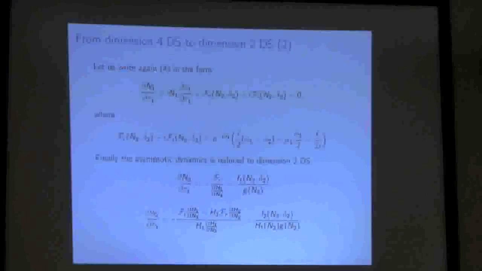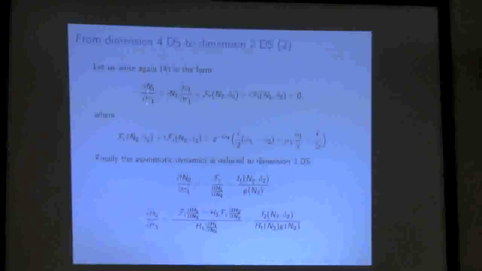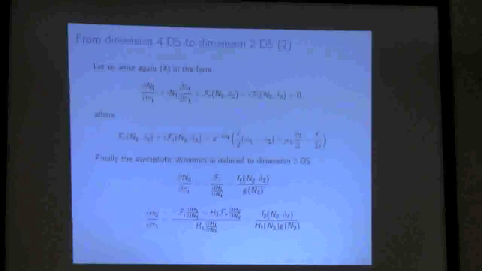If I do this, I can write again the previous system in the following form. I will have the evolution of n1 versus τ1 plus the evolution of the phase versus τ1 plus some perhaps complicated functions fr and fi. It is not so complicated. In these equations I should replace phi1 by the values that I obtain in the τ0 invariant.